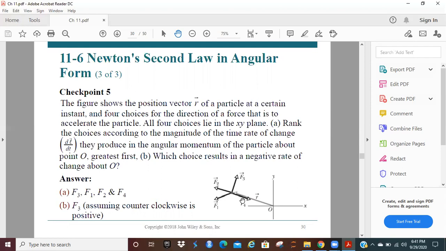Part B here: which choice results in a negative rate of change of angular momentum about 0? Obviously, we're going to throw out 2 and 4. That's not going to do anything for us.